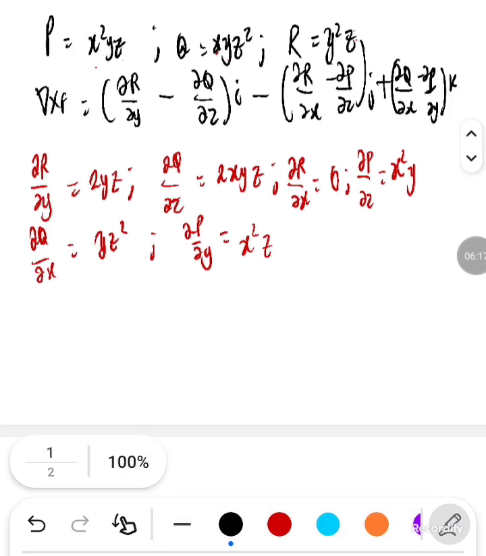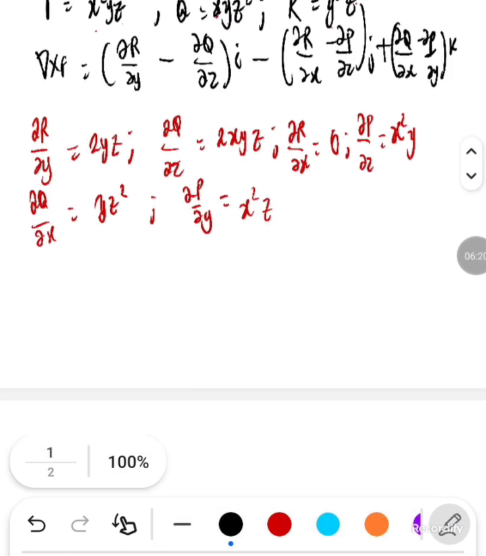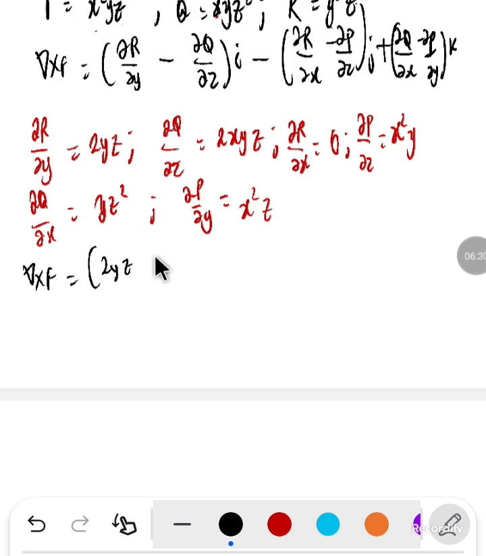Good, that's cool. Since we've gotten all the derivatives we need, we can now successfully find our curl of f. So curl of f will be equal to dr/dy, which is 2yz, minus dq/dz, which is 2xyz.